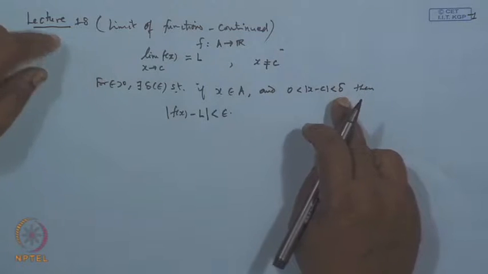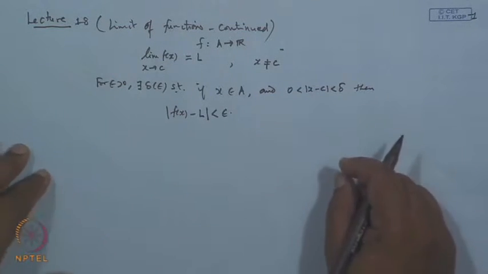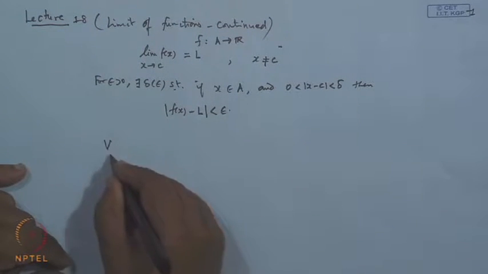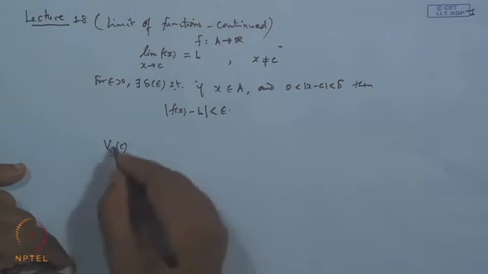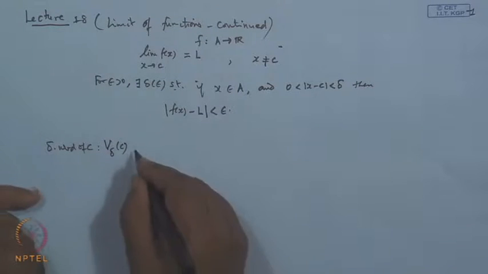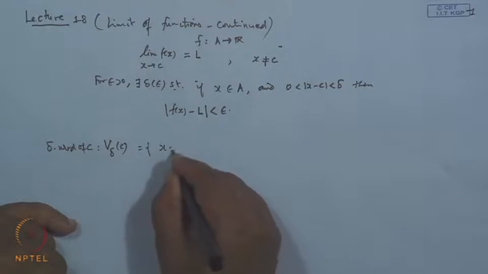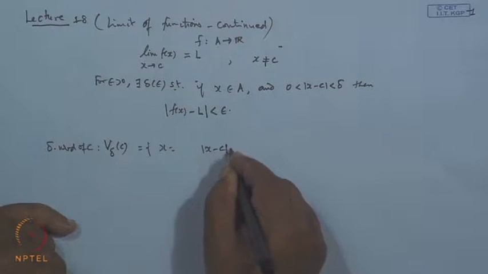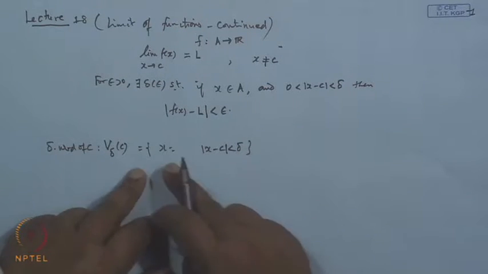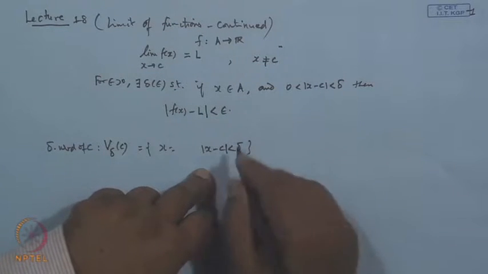Now, if we look at this definition, it can be easily converted into the form of neighborhoods. What is this? The delta neighborhood of c is nothing but the set of those points x such that |x − c| is less than delta. Now, if I remove c, then we say the point x is not equal to c.